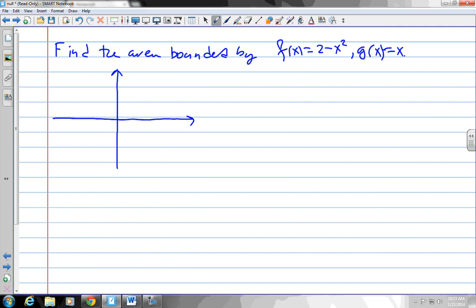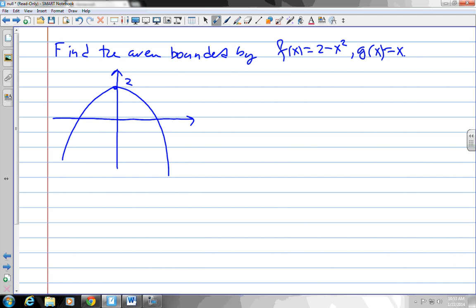You know how to integrate. You know how to find the area and all that. You don't need to do the sigma. So let's sketch this. 2 minus x squared is an upside down parabola moved up 2 units, right?